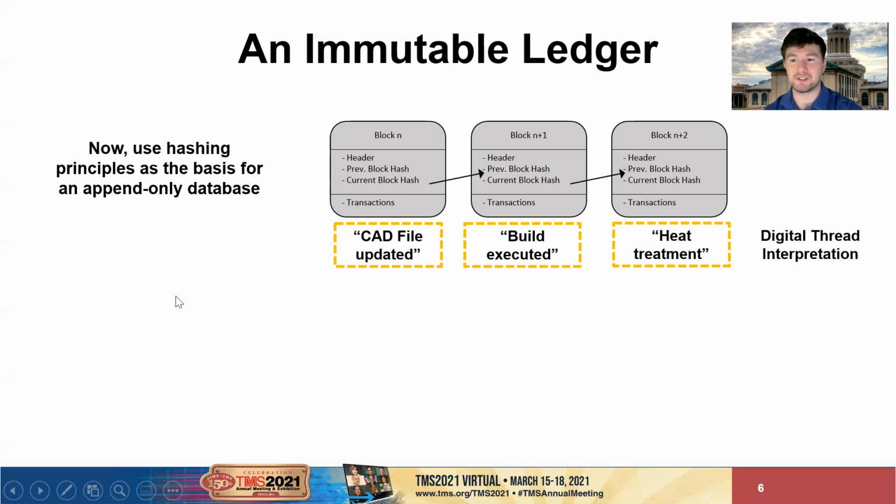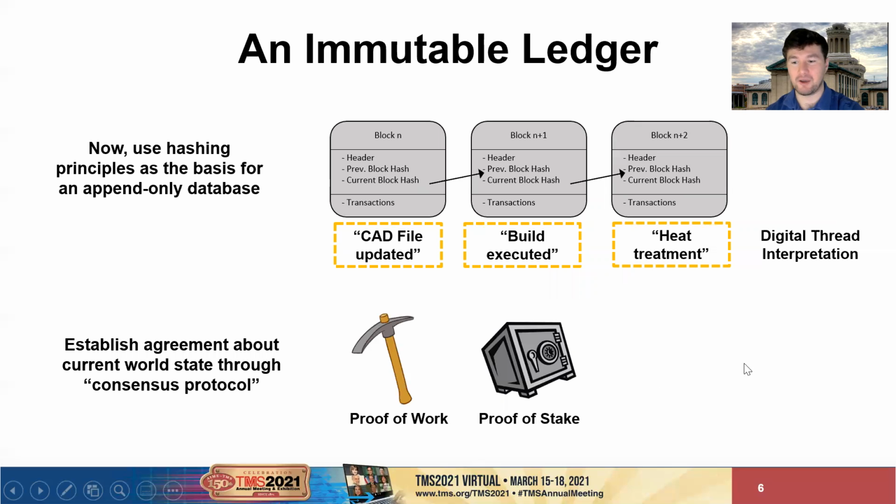Now, of course, this data structure alone is somewhat meaningless. We need a way also to establish agreement about the current state of the ledger of the digital thread. And we do that through something called a consensus protocol. Now, this is where we get into the parts of the blockchain that you're probably most familiar with. The most famous consensus protocol is called proof of work.